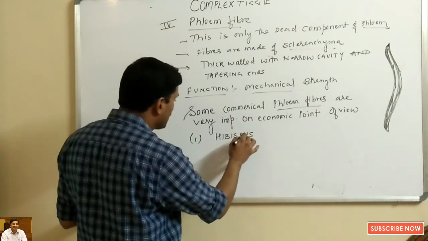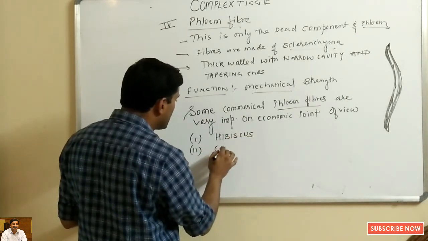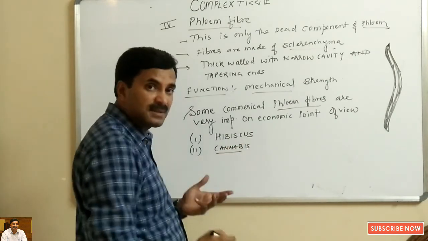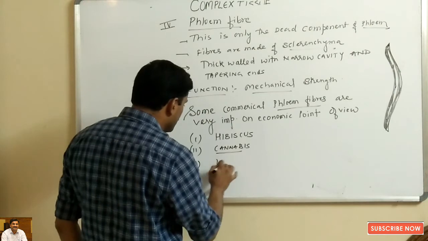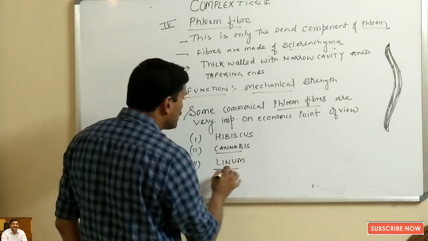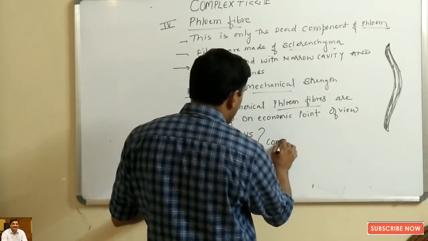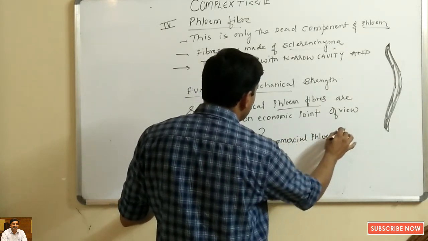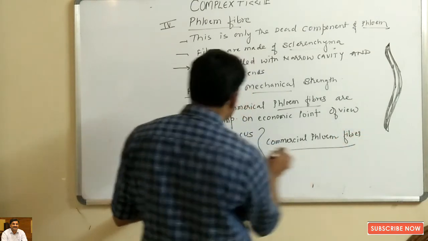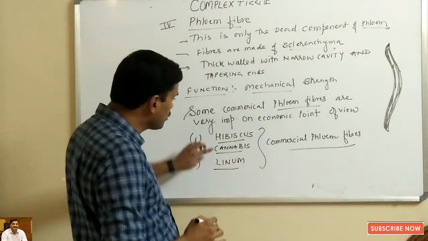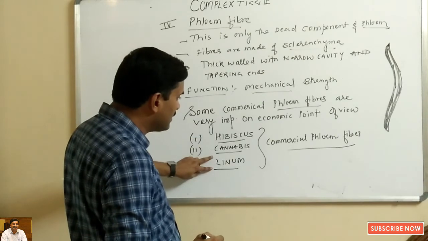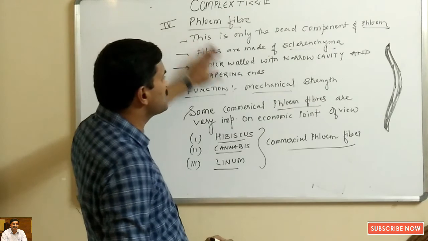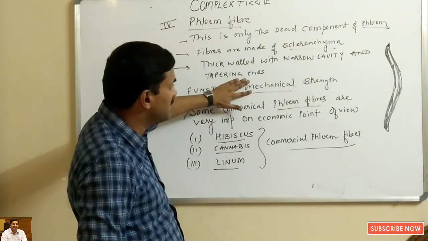Second is cannabis, and linum. I have written some commercial fibers here. These are commercial phloem fibers, such as hibiscus, cannabis, linum. These are all commercial fibers, but the phloem fibers have the chief role of providing the mechanical strength.